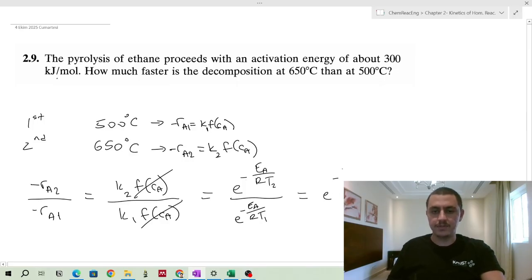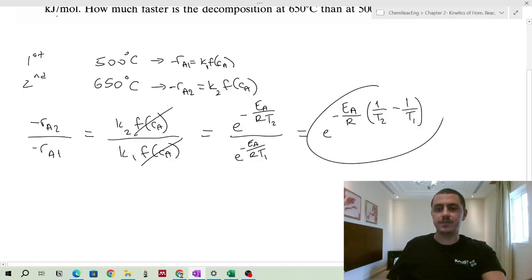So you will have something like this. These are the common coefficients, and you will have 1 over T2 minus, you have this one, right? Because you are subtracting the other term. So you will have something like this. This ratio will lead to just this equation, okay?